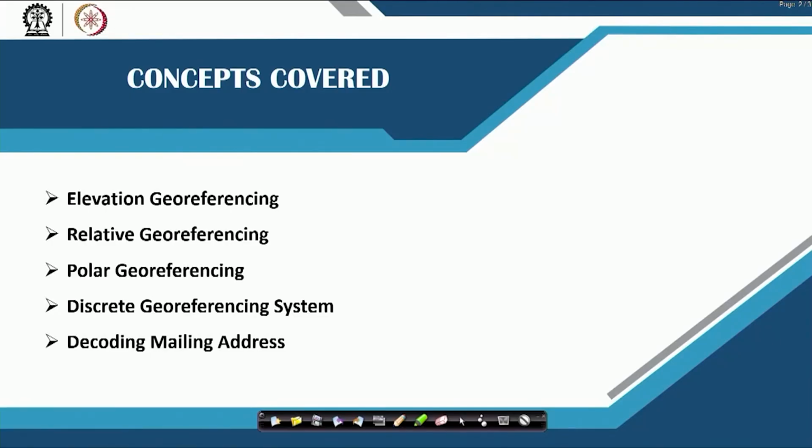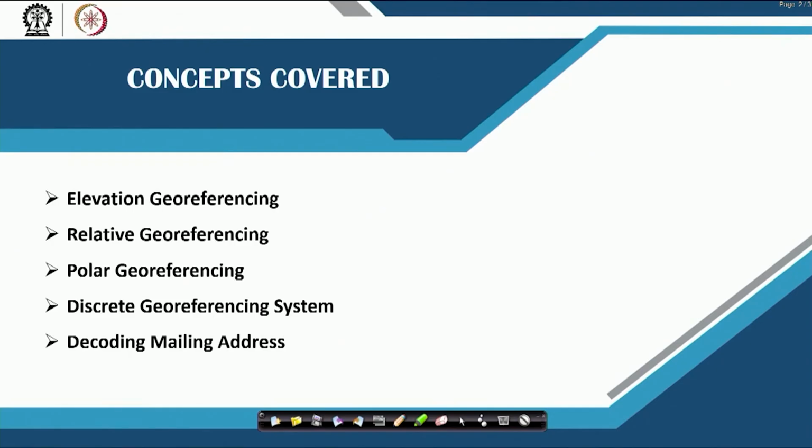In today's session we would look at first elevation georeferencing, the relative georeferencing, then we would look at polar. So polar is a continuous kind of georeferencing. Then we would look at discrete georeferencing system. Then we would look at decoding the mailing address. That is also very important in terms of how a particular post or a parcel reaches us without even putting the entire address in your envelope.